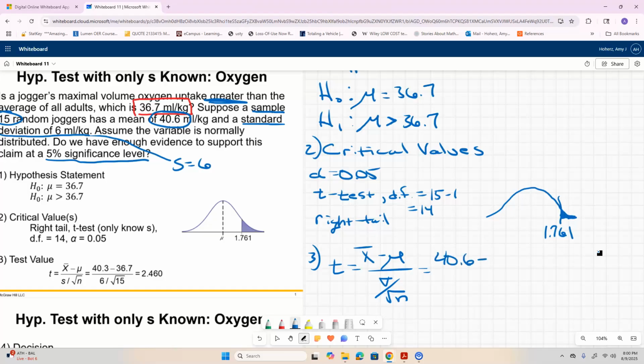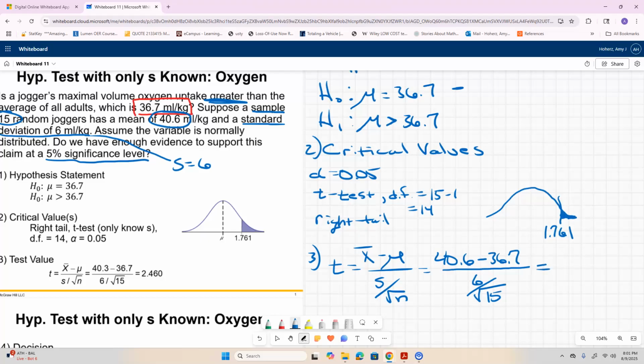The mu is what we used in the hypothesis statement, that's the 36.7. And then sigma, whoops, I wrote sigma. It should have been S. This should not be sigma. That should be S over square root of n. And S was 6, and n was 15. Square root of 15.